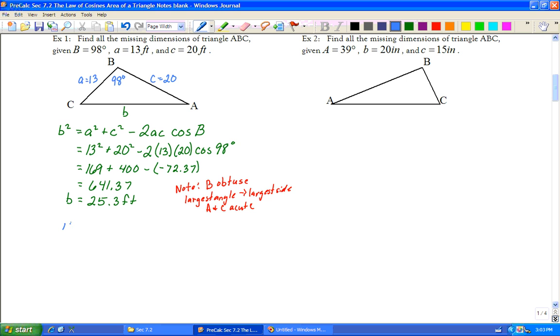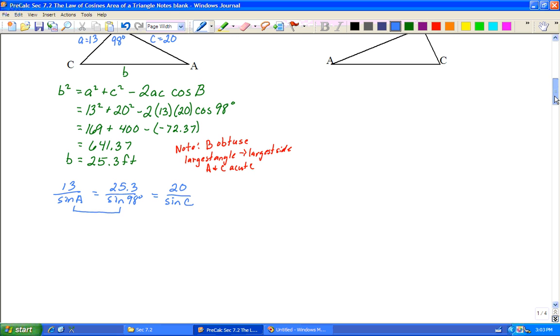We're going to have 13 over the sine of angle A is equal to 25.3 over the sine of 98 degrees, and that's also equal to 20 over the sine of angle C. Now we have two choices here. We can solve this for angle A or angle C, and then subtract both those angle measurements from 180 to get our third angle. So let's just find angle A.